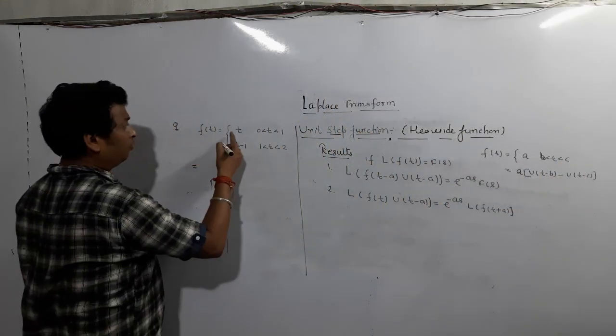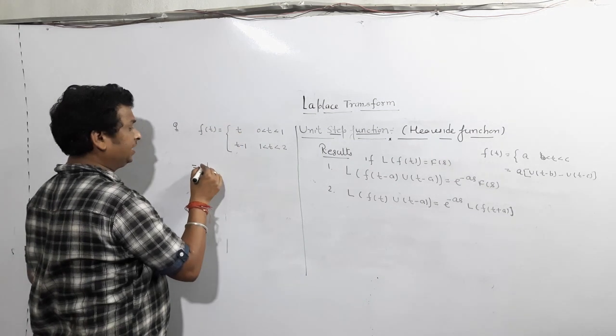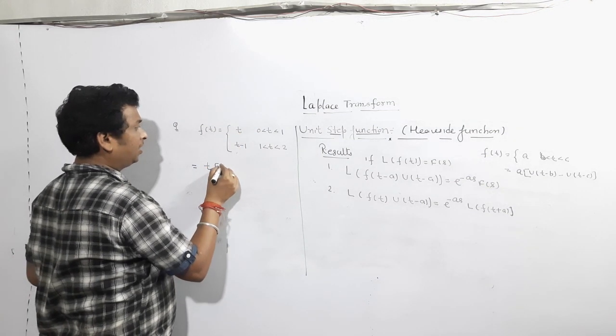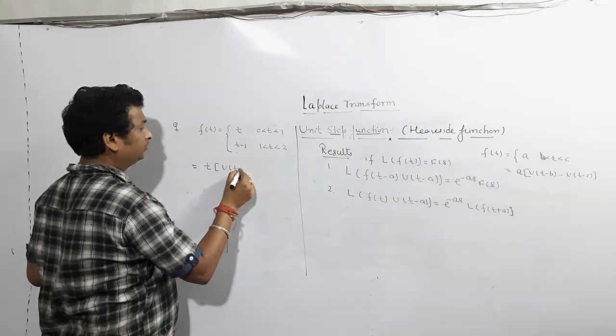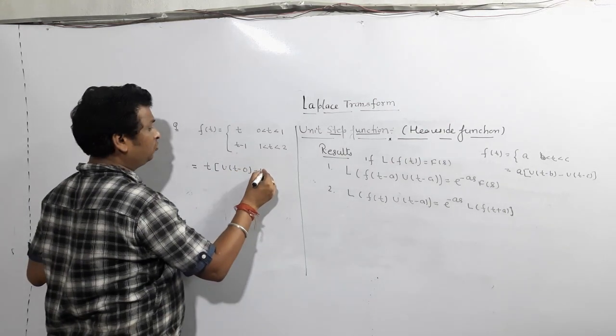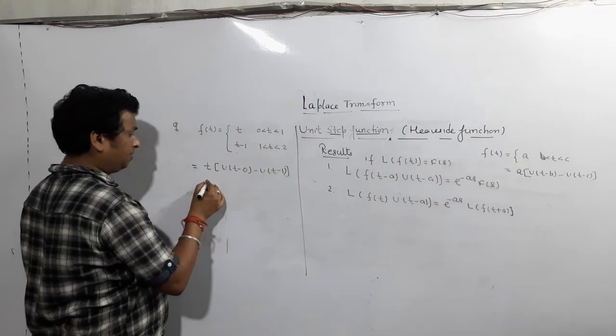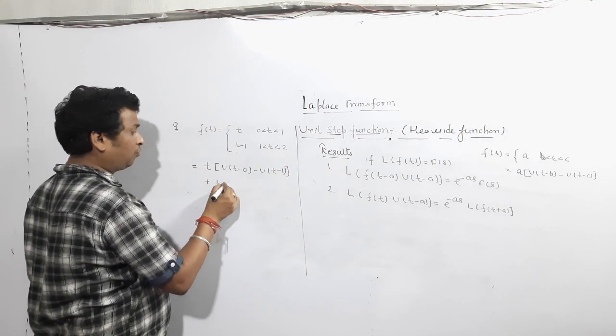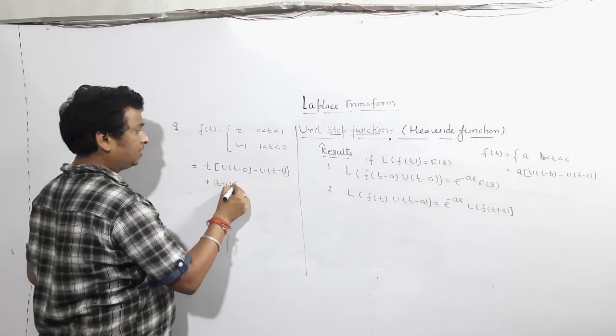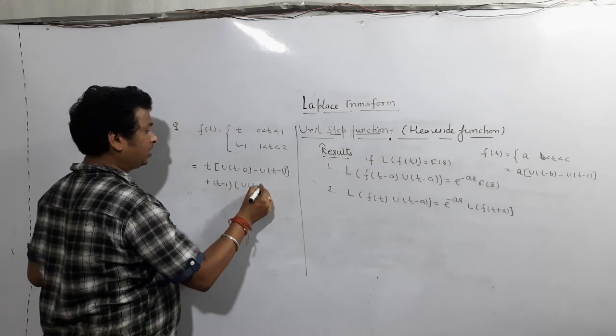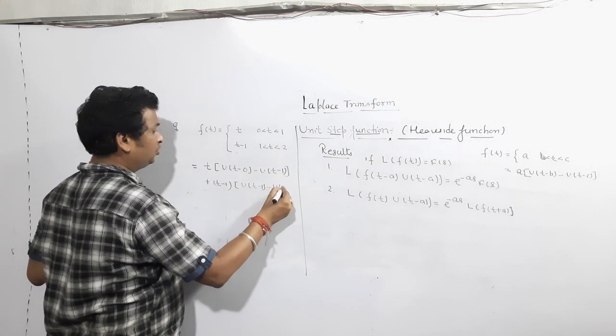So use it here. What is the value of the function? t. And what is the lower limit? 0, minus u(t minus 1). Similarly, plus t minus 1 times u(t minus 1) minus u(t minus 2).